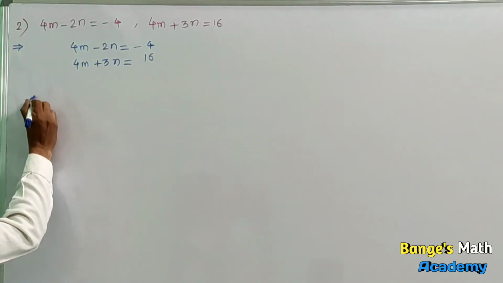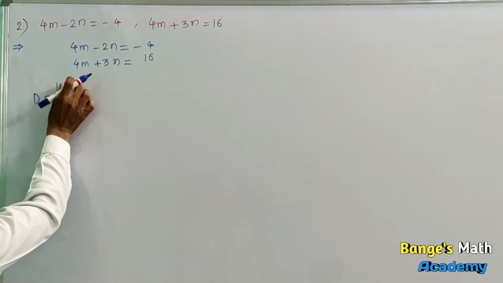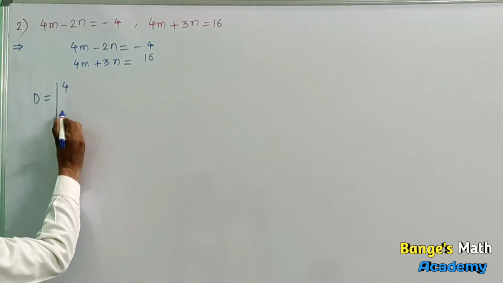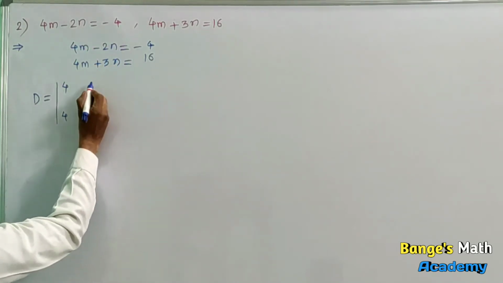First of all, find the value of d. In the first column, write down the coefficients of m. In the second column, write down the coefficients of n.